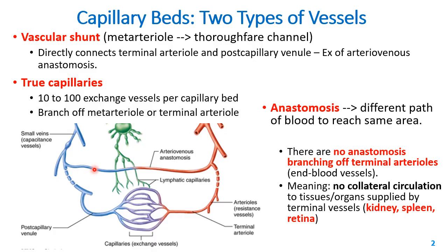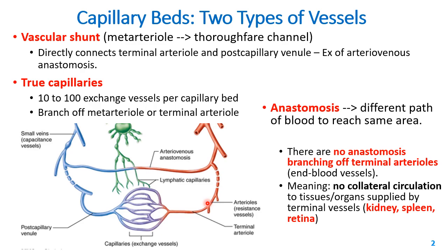When you have anastomosis like vein to vein, those are very common. And anastomosis that go like artery to artery are very important for the heart, for example. Because if you have a clogged artery, then your blood can take a different route and you still keep your heart cells alive. Those are not going to regenerate if they die, the heart cells.